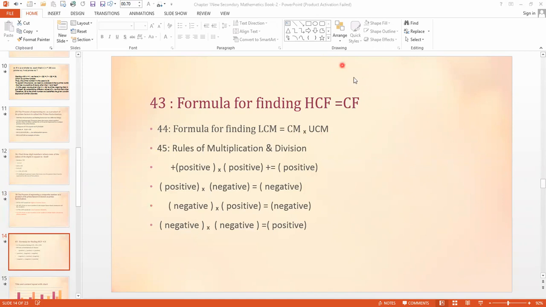Look here. If two bigger numbers are given to you, suppose 54 and 72 are given, and you have to find their HCF and LCM both.